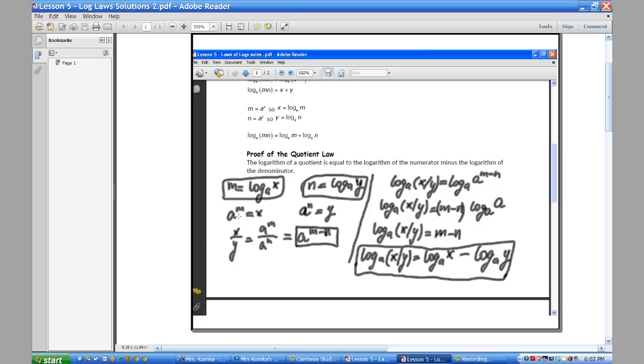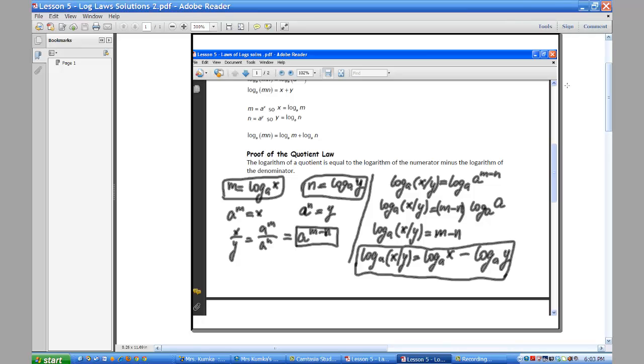From here, a to the power of m equals x, because I use the properties of logs, where a is the base, x is the answer, m is the exponent. And I do the same thing for a to the power of n equals y. And then if I divide x over y, it's the same thing as dividing a to the power of m over a to the power of n. And if I'm dividing the same bases with exponents, I'm going to keep the base and subtract the exponents.